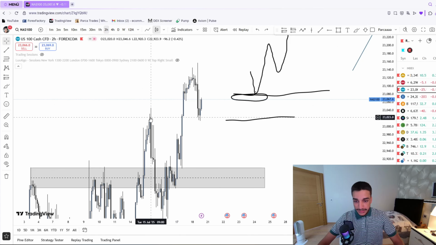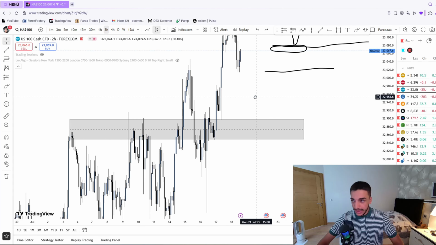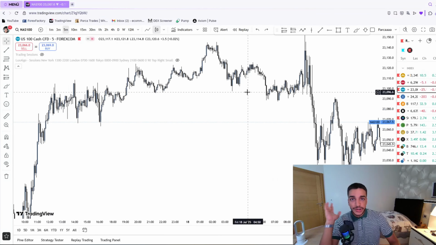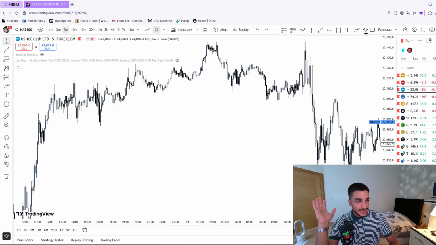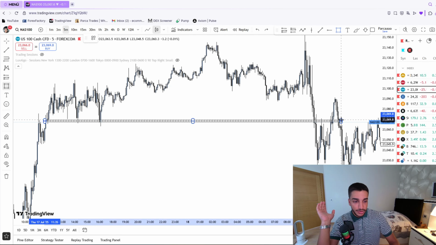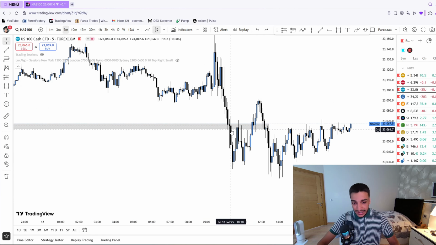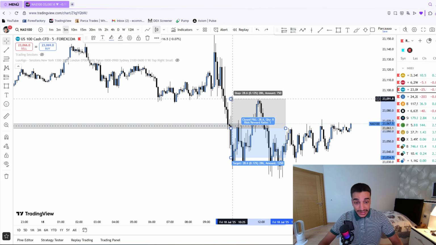I'm gonna find an example for this, and I will come back. All right, I found a good example on Nasdaq. We have a support area right here, and with this candlestick we have a break of structure. Then what are we going to do? We are gonna enter a trade right here.